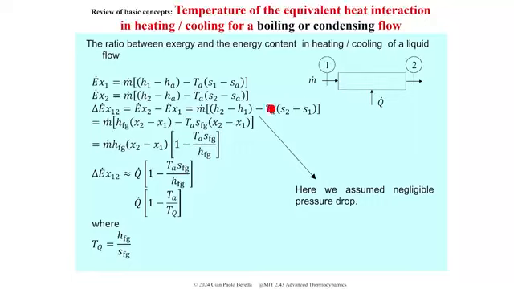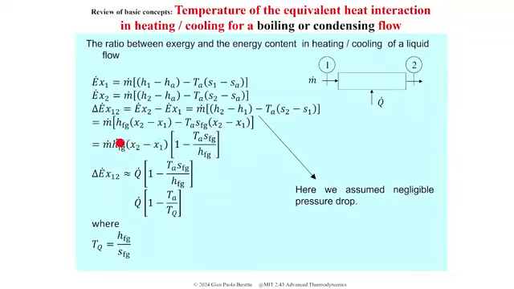Then the change in enthalpy is equal to the change in the quality, that's the vapor fraction that we defined last time. So the change in quality times the enthalpy of vaporization, H2 minus H1, or the change in quality times the entropy of vaporization for the change in entropy.